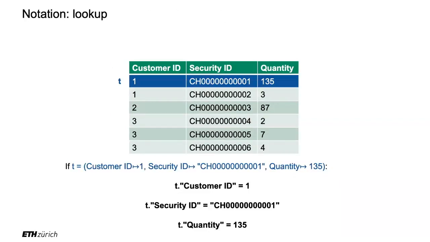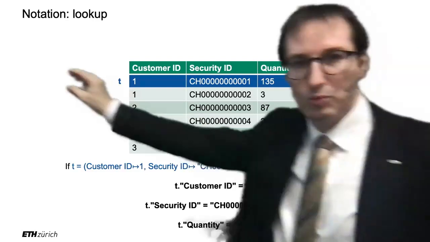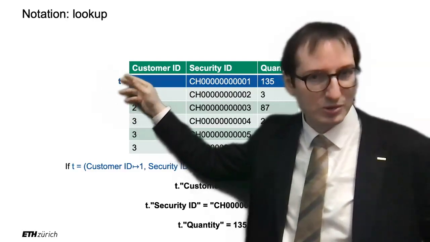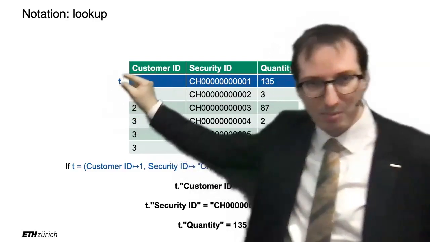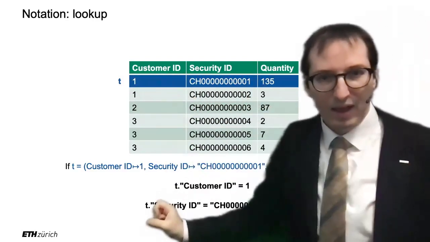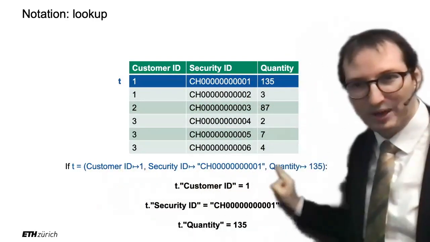Okay. Now, in terms of notation, especially in database design theory, when you have a record here, we tend to denote it as T for tuple, because again, record, tuple, row, it's all the same thing. So we call it T. T is really the whole record, the whole row. And that would correspond to this map, right?